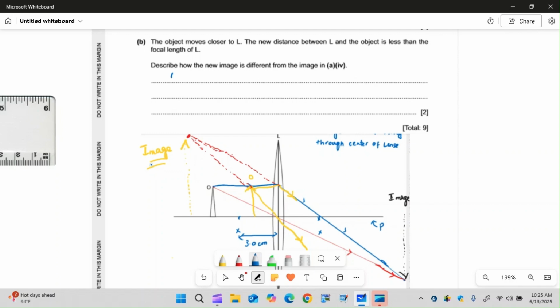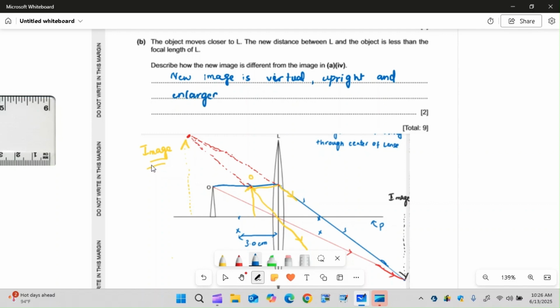So the new image is virtual, number one. Number two is upright, and enlarged.